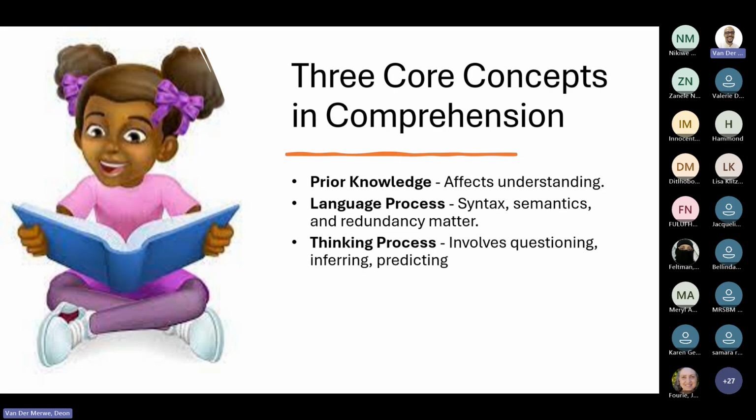And so it is important that learners are taught to think critically and to really engage with the text in order for them to build understanding and or comprehension of what they are reading.